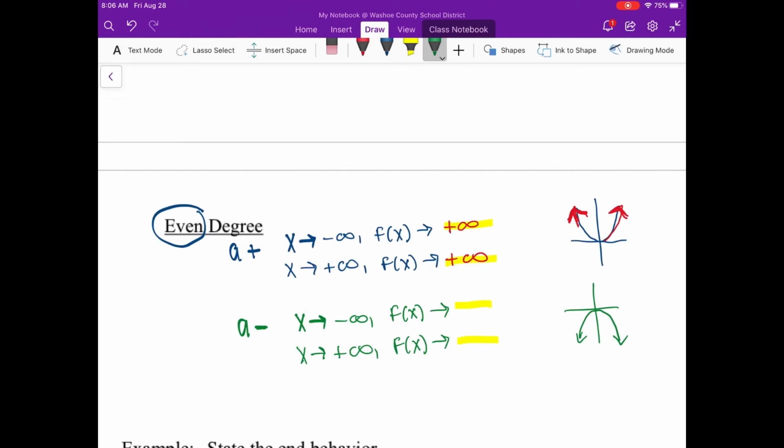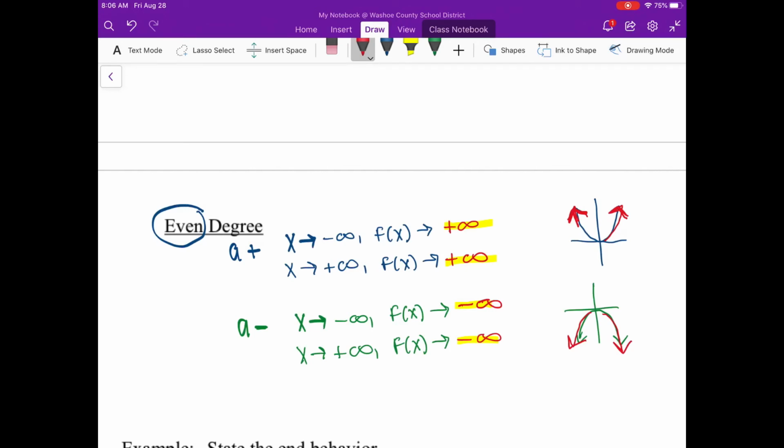So what that's doing is it's reflecting it across the x-axis. So as I go to the left, my y values are going down to negative infinity. And as I look to the right, it's going right and down. So negative infinity there as well.